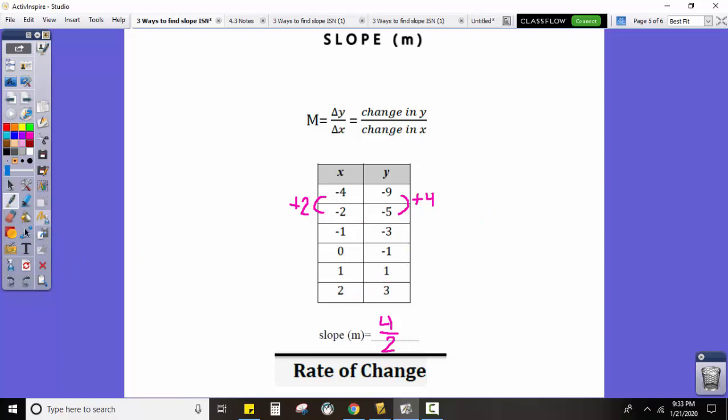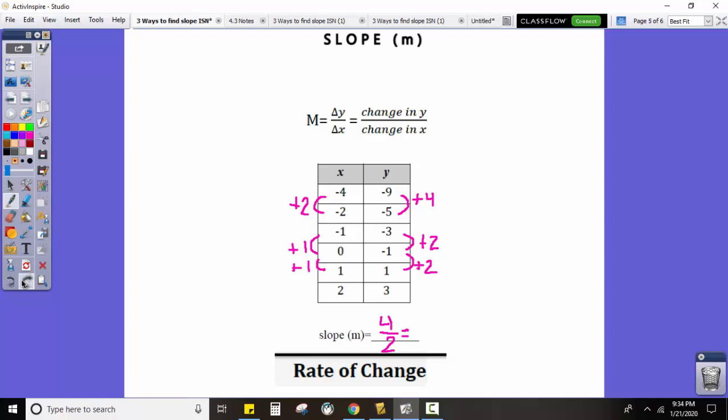Let's say you were to pick 2 other sets of ordered pairs. Well, if I go from -3 to -1, that would be adding 2, and -1 to 0 would be adding 1. So that would be 2 over 1. Okay, negative 1 to positive 1 is adding 2. 0 to 1 is adding 1.